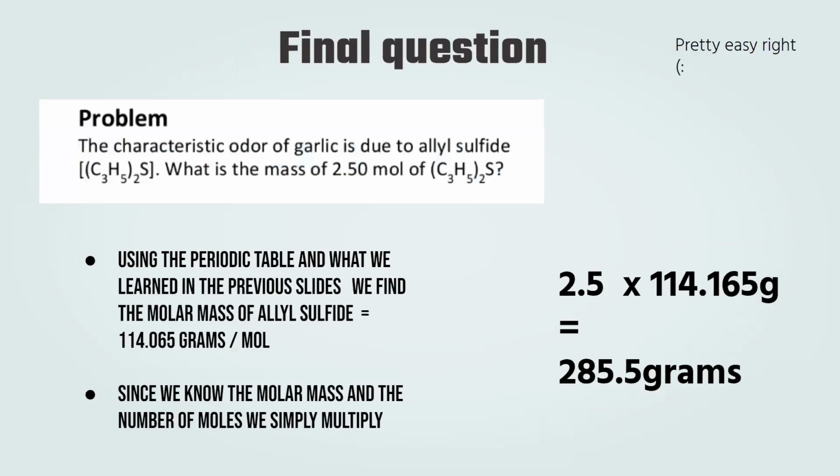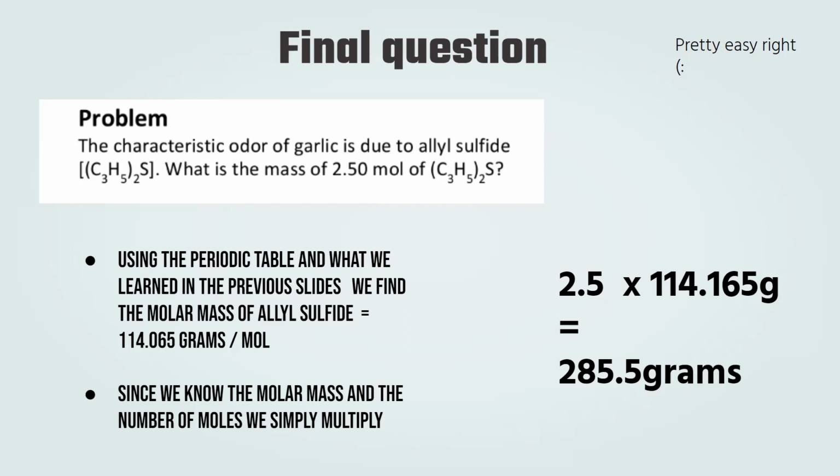So the problem is asking you, the characteristic odor of garlic is due to allyl sulfide, which is C3H5H2S. What is the mass of 2.5 moles of allyl sulfide? Now, when we refer back to the periodic table, we'll see that allyl sulfide, after we use the method that I just showed you to find the molar mass of each substance, has a molar mass of 114.065 grams per mole.